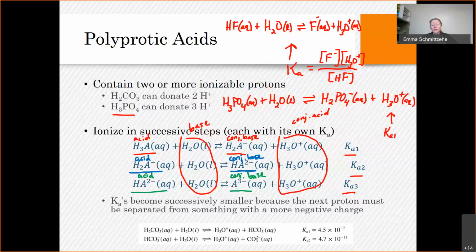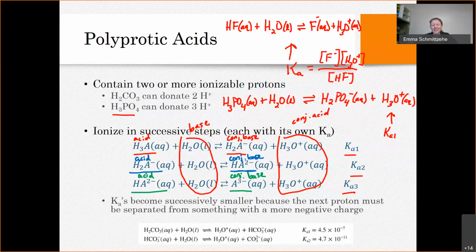And if you're looking at a polyprotic acid where it ionizes in steps, those values are actually going to get smaller as each step goes on. Because in order for the second step to occur, the first one has to, right? And if the first one doesn't occur very much, then the second one is going to occur even less. And really it's because in the second step or even in the third step, you have something negative to start with.